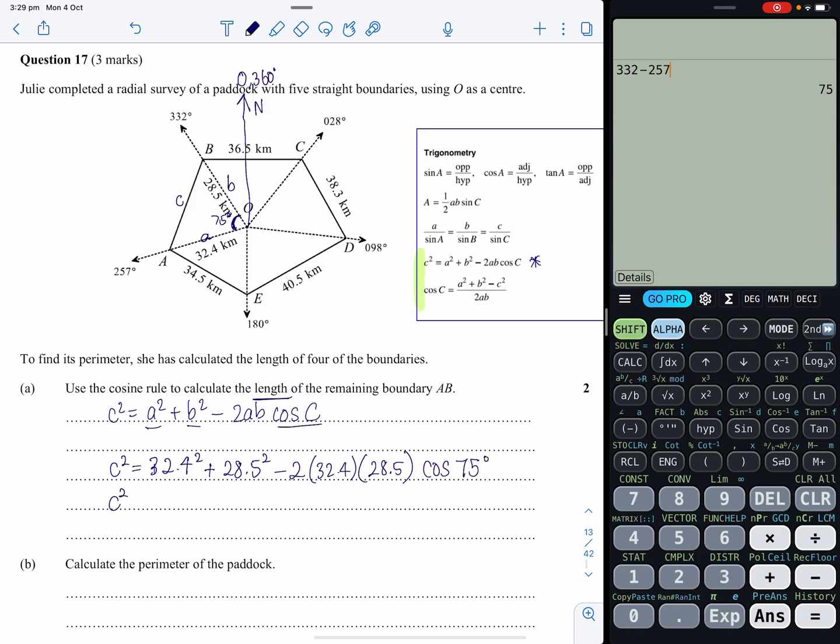And so c squared equals, we just plug that into our calculator, 32.4 squared plus 28.5 squared minus 2 times 32.4 times 28.5 times cos of 75 gives us this answer here of 1384.022.